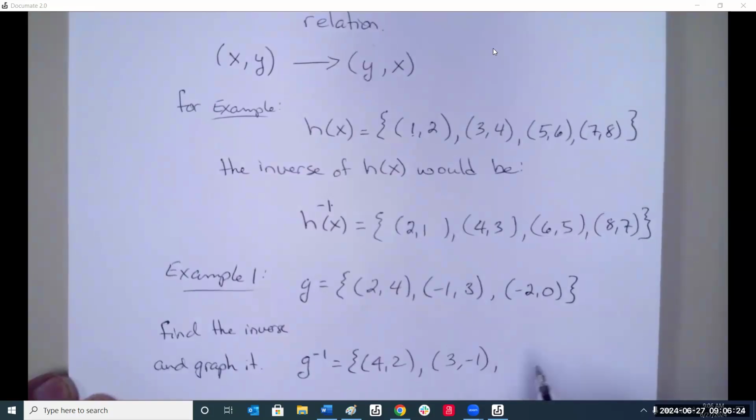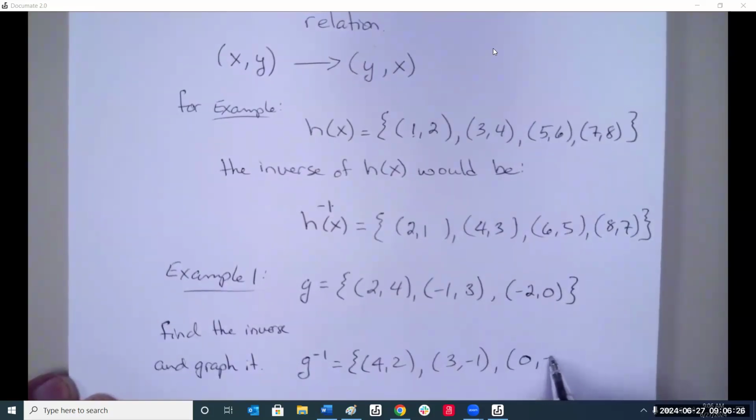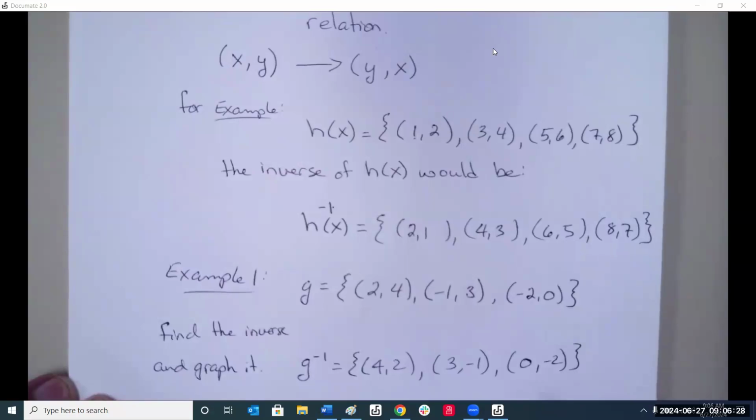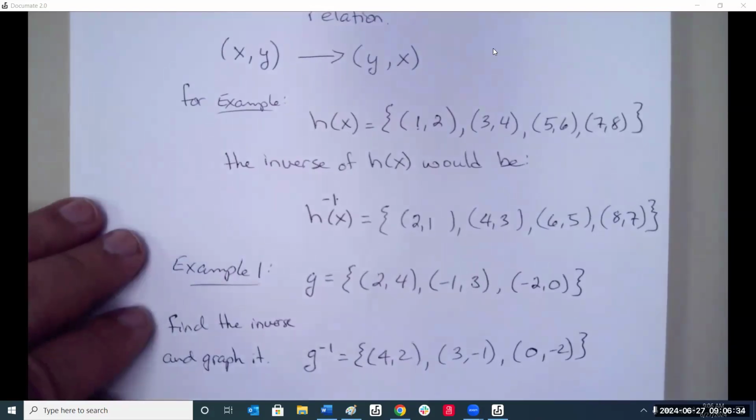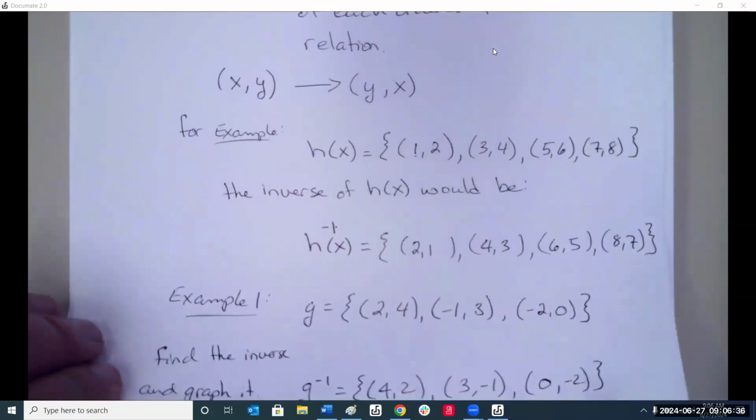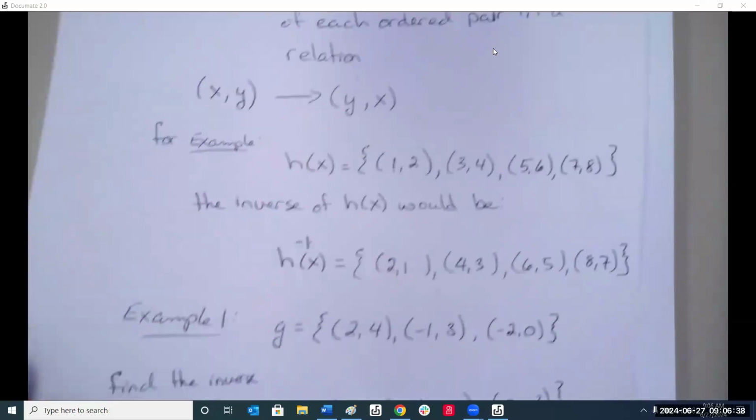Very good. Excellent. Now we have to graph it. So we just switch the x and y's, and now we graph it.